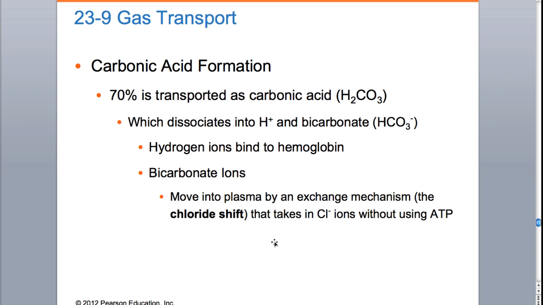It is now mentioned here. Notice it gives you the percentage. Okay. So a big chunk of your carbon dioxide is handled that way. Okay, next.